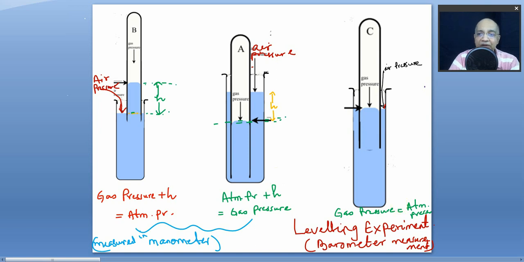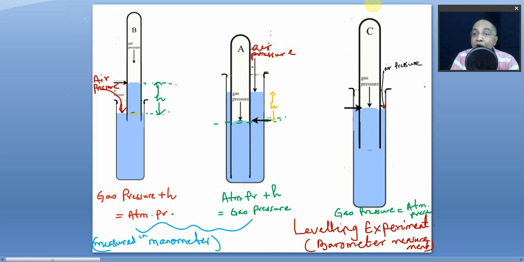Maybe the gas had a different pressure, but when we carefully dipped it inside a tall jar containing water, on a trial and error basis, we find a position where the level of water outside is the same as the level of water inside. So that means the atmospheric pressure is equal to the gas pressure.